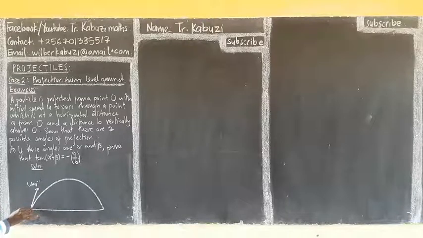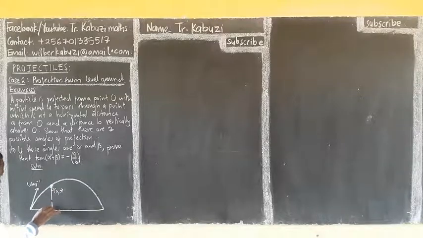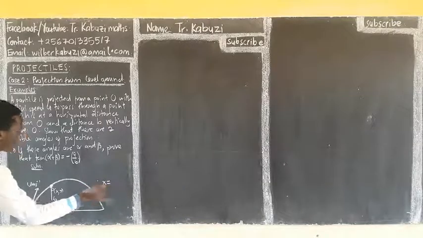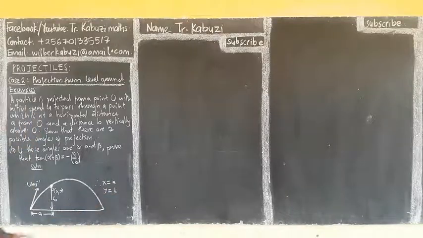Now this particle is going to be passing through a point P. Then we call this point P. Maybe if they don't specify it, then we call it Pxy. At this point, from here up to here, this distance is going to be B, and from there to there is the horizontal distance A. So at this point, our x is going to be A, then our y is going to be B from here.